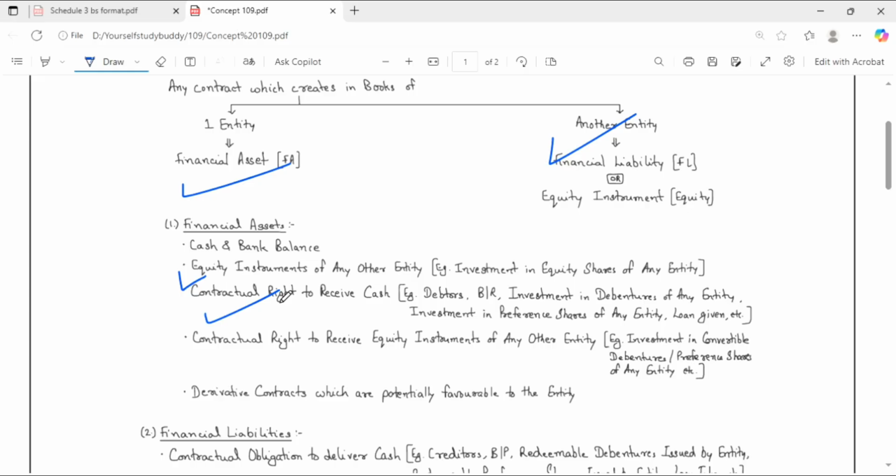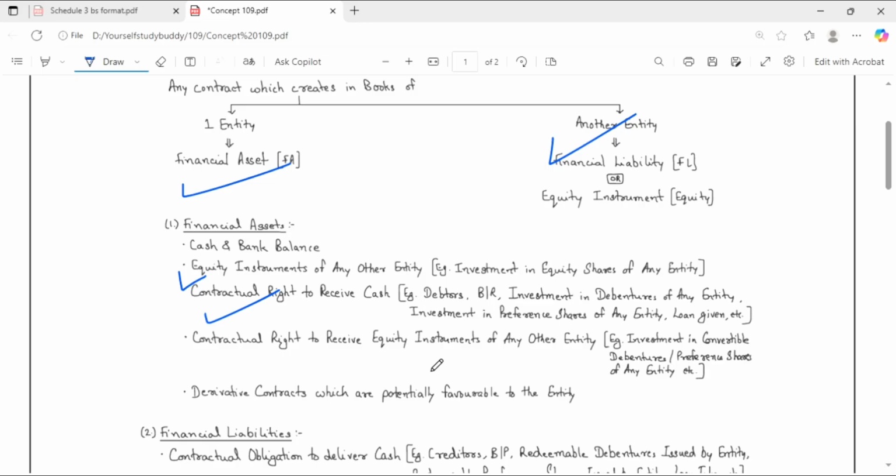Suppose the debenture is redeemable in cash, then I will have the right to receive cash. Then there is investment in preference shares and loans given.